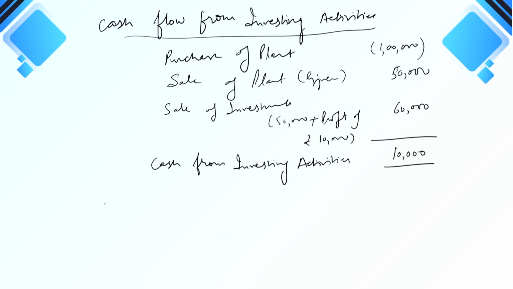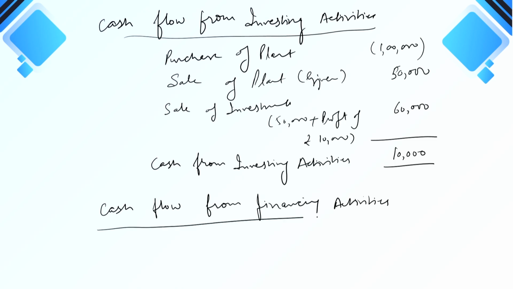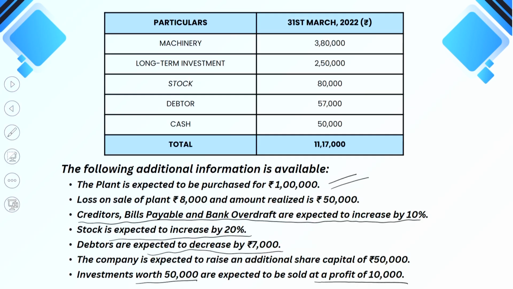Then next, the step 3 is the calculation of the cash flow from financing activities. This information we can find out from the adjustments that is given in the form of additional information, and you can see that the company is expected to raise an additional share capital of rupees 50,000.